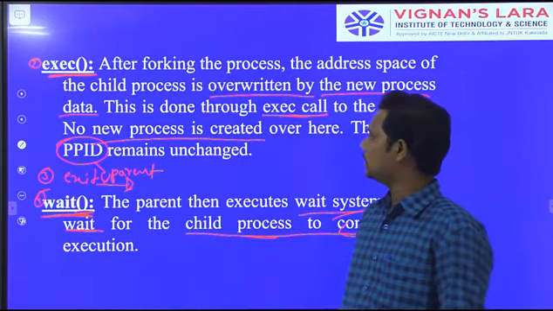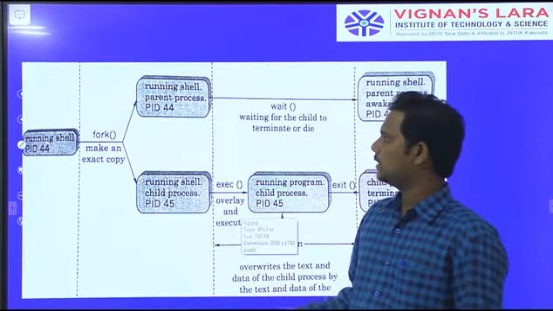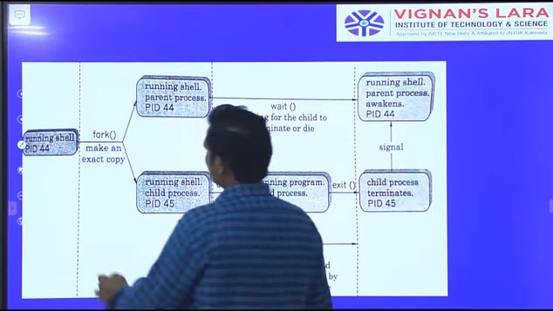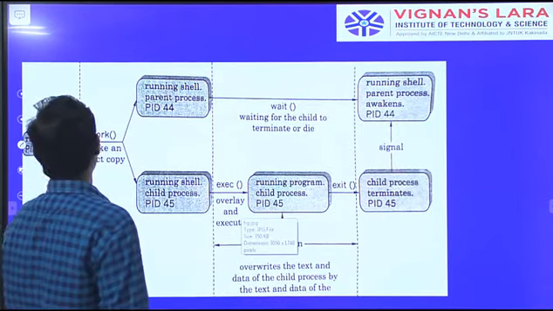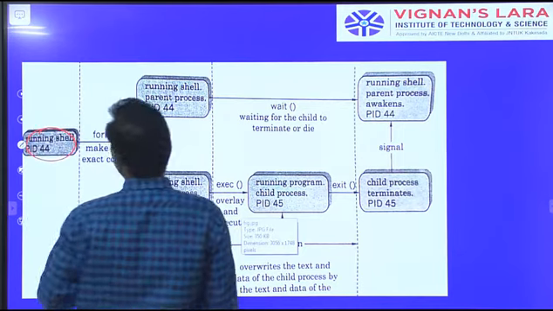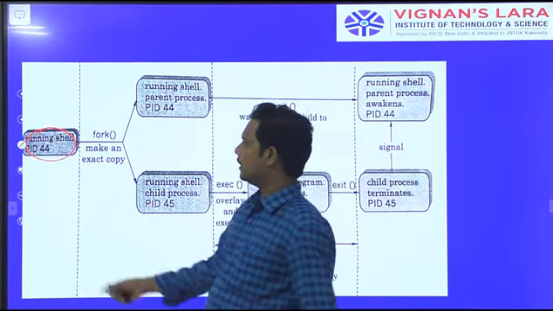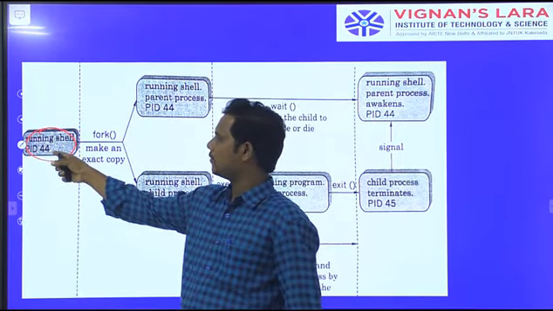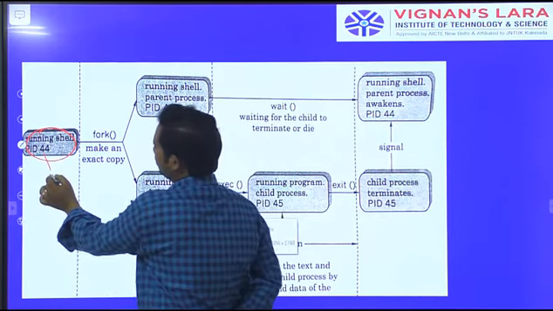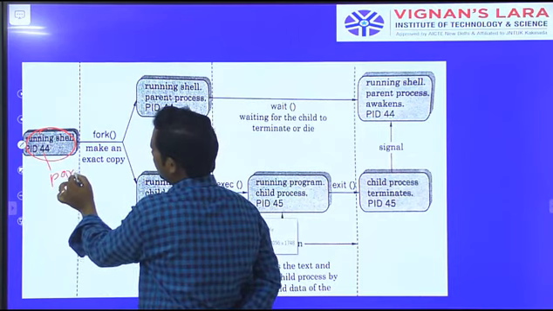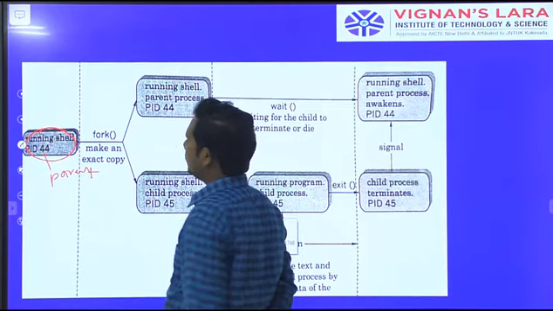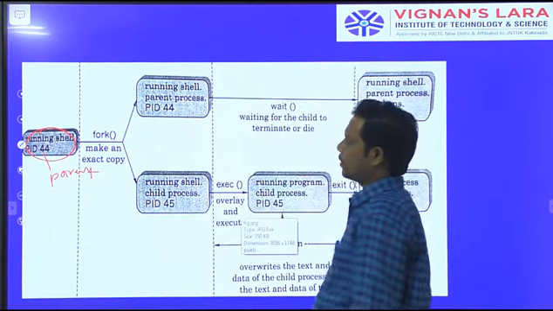I will show you a brief discussion here. Here is the running of the shell, where the PID is 44. This is the parent process.